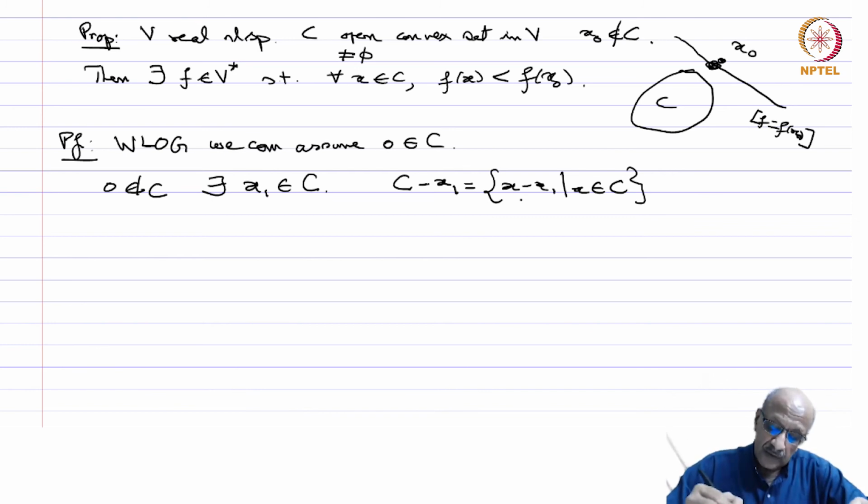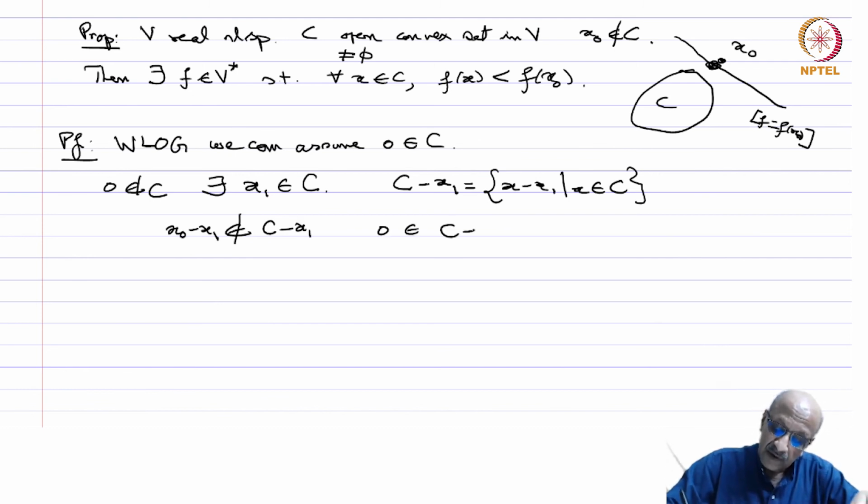Okay, so then x naught minus x1 does not belong to C minus x1, and 0 belongs to C minus x1. So we are in the previous situation, namely where 0 is in the convex set, and this C minus x1 is, you have just translated the origin, so the convex set remains convex. There is no change in that.